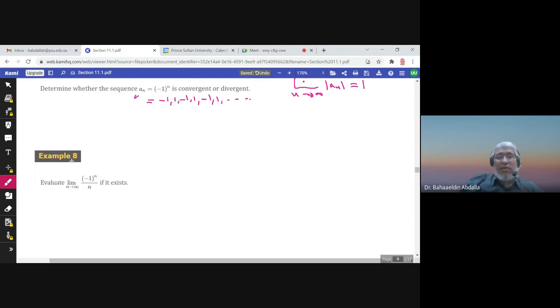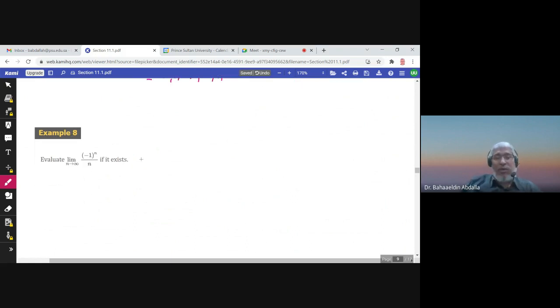For example, for this sequence, the absolute value of a_n is 1 over n, because the -1 would be 1. And the limit of the absolute value of a_n when n goes to infinity would be the limit of 1 over n, which is 0. We have seen this, 1 over infinity is 0.